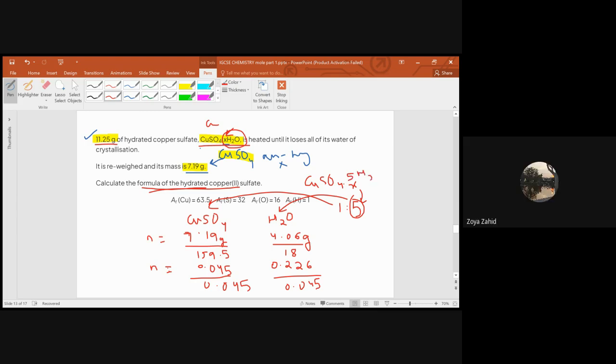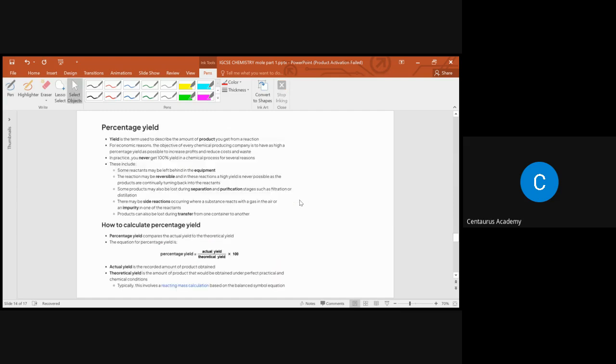This basically tells you that copper 2 sulfate and water are in the ratio of 1:5. Are we clear? Yes. Okay. Moving on to the next one.